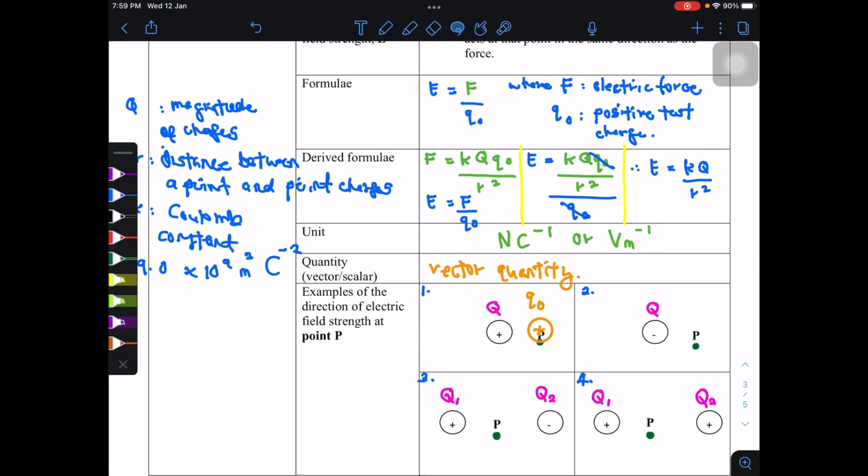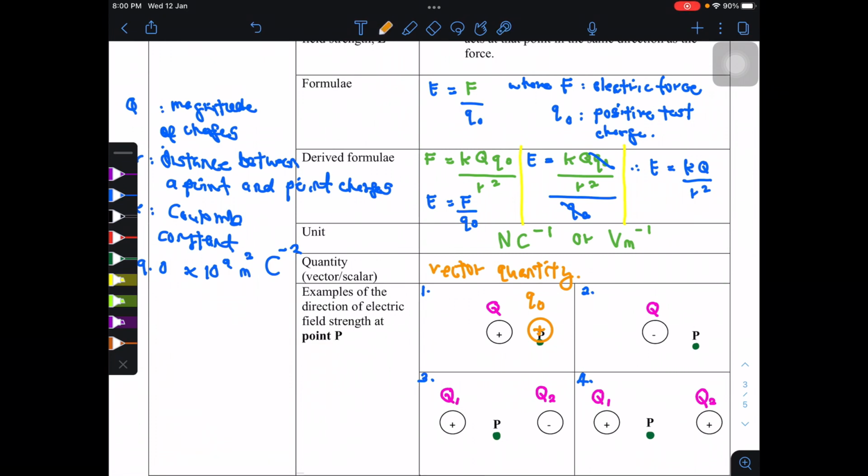Now between the point charge and the test charge, there is still a force. Since our test charge is positive and our point charge is positive, the force between these two charges on the test charge is a repulsive force.